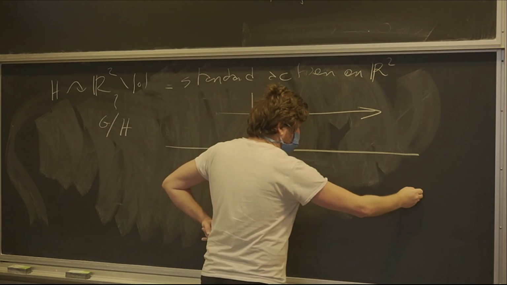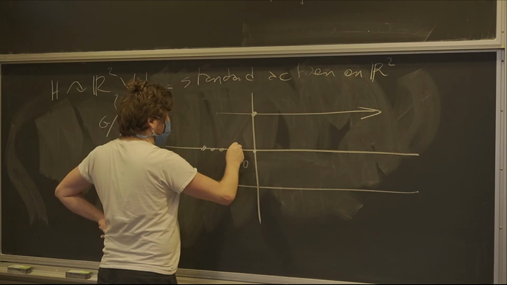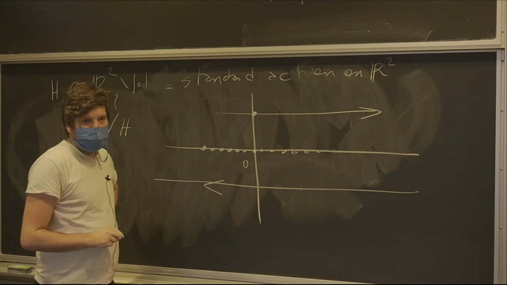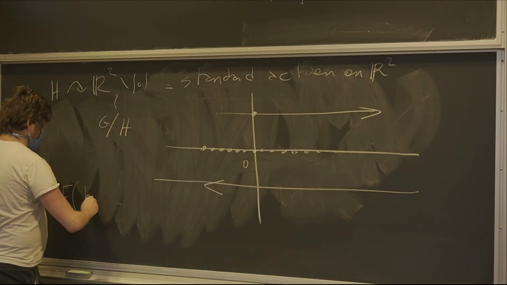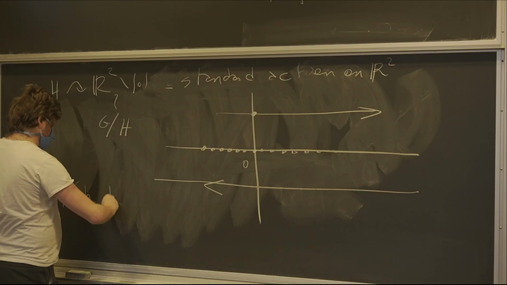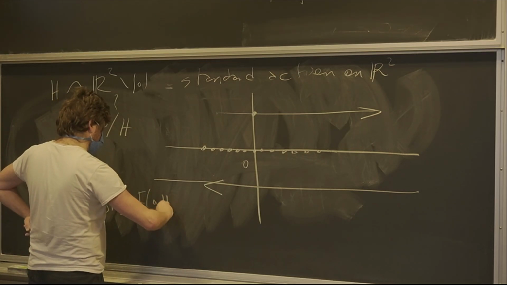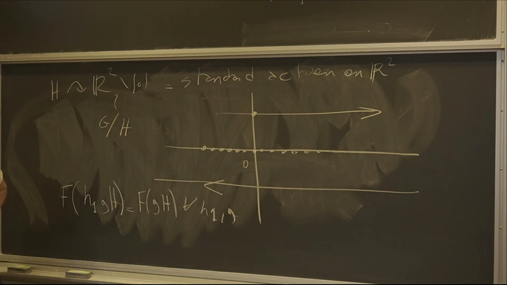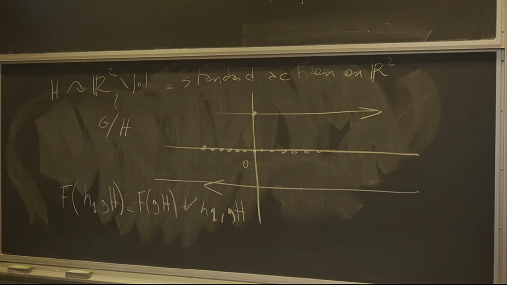When I multiply in the bottom, it goes in this direction, and these guys don't move at all. So I have f of h1 g times h is the same, for every h1 and g on one hand, and actually directly write it this way, just because this is a vector.